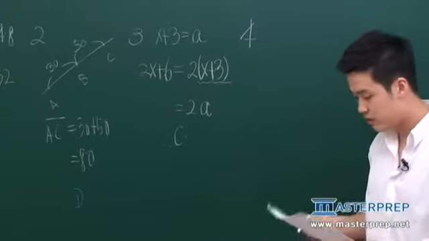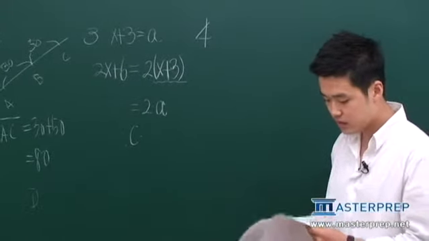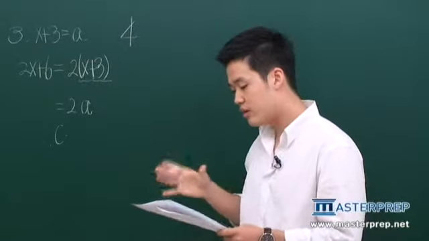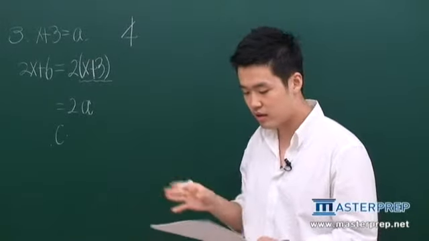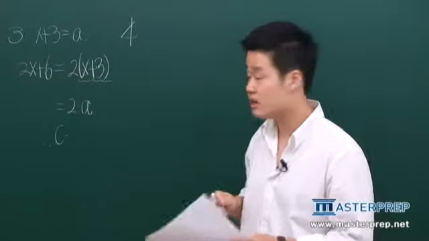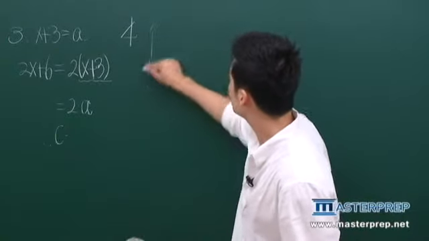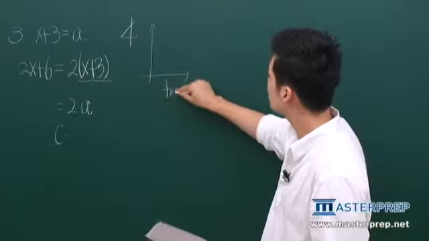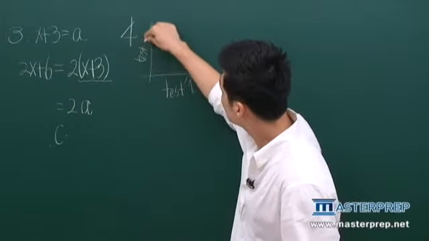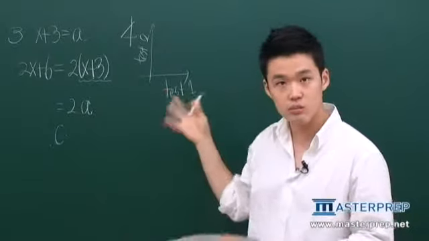All right, so let's solve number 4. Again, we are looking at the plot of those points, and we have to figure out the change in scores from test 1 to test 2. We can subtract the numbers.